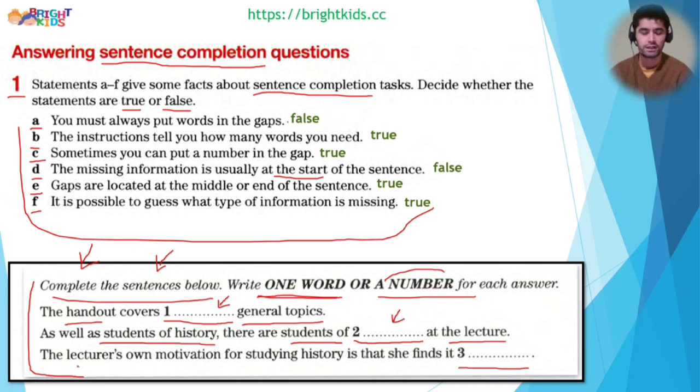And the last one, the lecturer's own motivation for studying history is that she finds it, and here's the gap. So basically we can predict an adjective for this gap because this grammar structure usually requires an adjective.